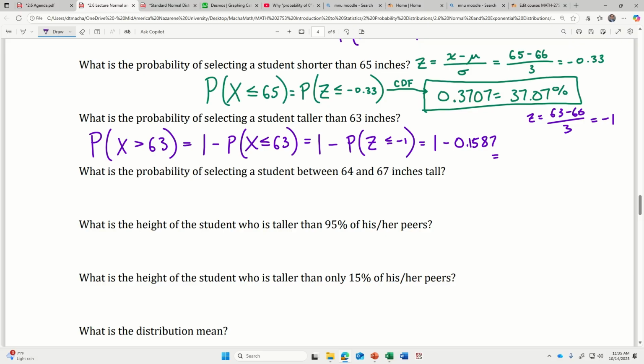And 1 minus 0.1587 is 0.8413, which is 84.13%. What's the probability of selecting a student between 64 and 67 inches tall?